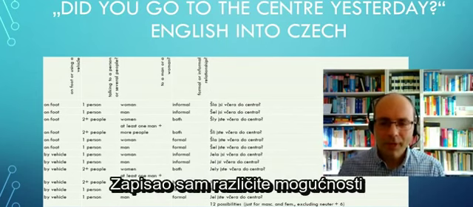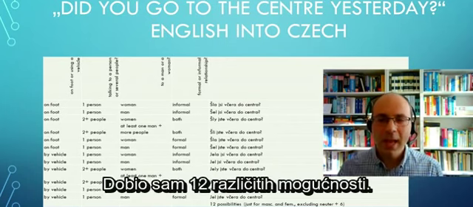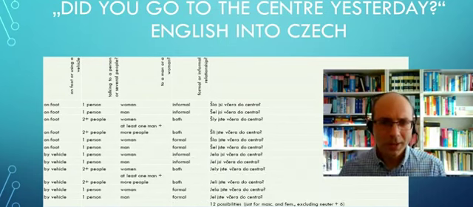Now, I've written down all the different possibilities when working from English into Czech, when translating this sentence, and I've come up with 12 different possibilities, and I only took into account the masculine and feminine. I didn't take into account the neuter.